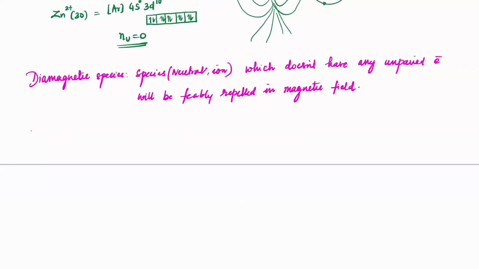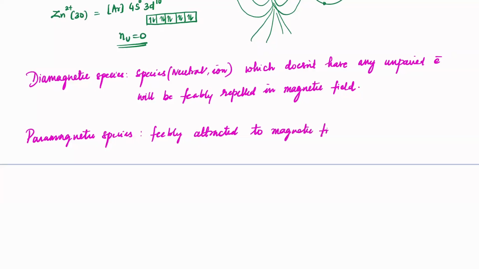On the contrary, if you have any unpaired electron, we call them paramagnetic species. They are feebly attracted to a magnetic field due to the presence of unpaired electrons.